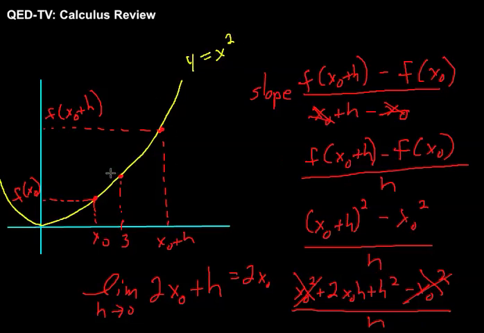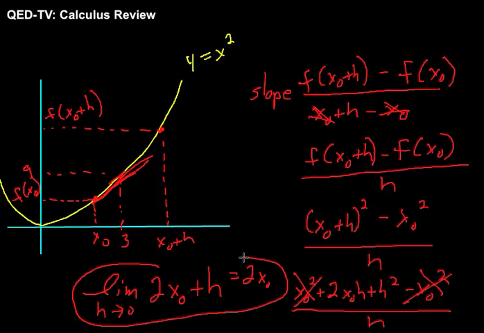But I'm asking, what is the slope of the line that is tangent right there at that point? And that's what you would use this limit for right here. And so it's 2 times x naught. So if your x naught is 3, then the slope of this line here is going to be 2 times 3. It's going to be 6.